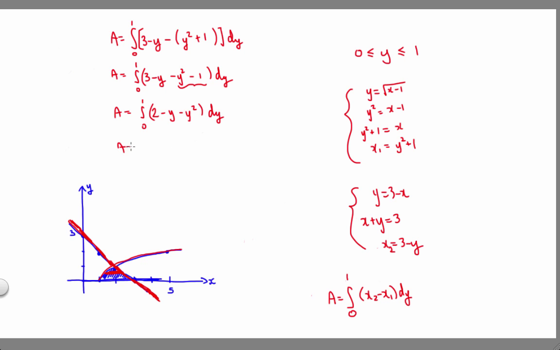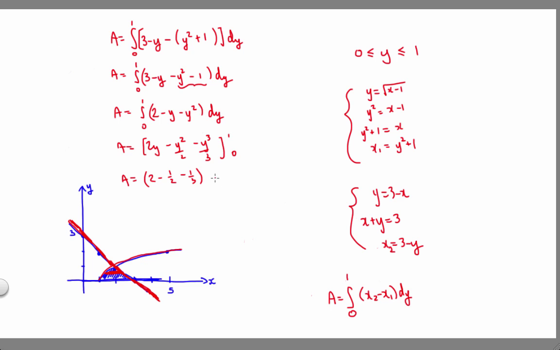Now doing our integration, area is 2y minus y cubed over 3, and we'll evaluate at 1 and 0. Plugging in, area is equal to 2 minus 1/3.